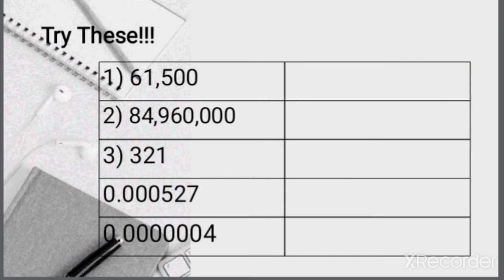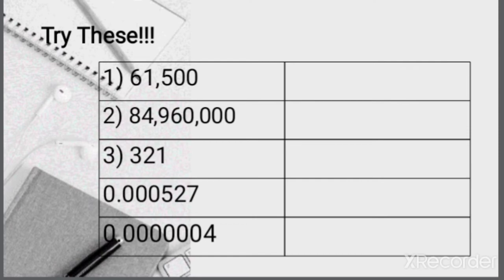And for number 4, 0.00527. So for the answer, we move the decimal to the right. So we move the decimal 4 decimal places.